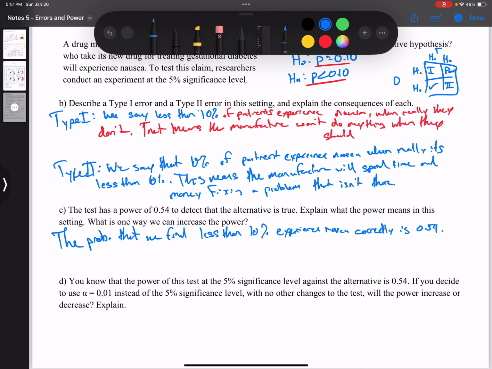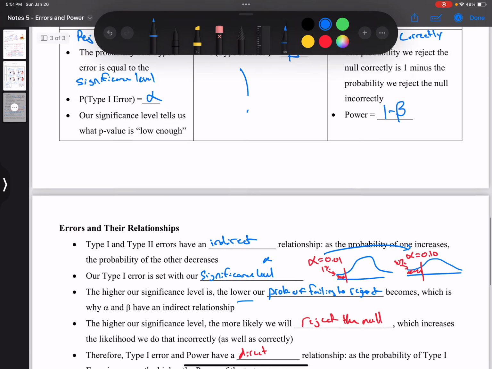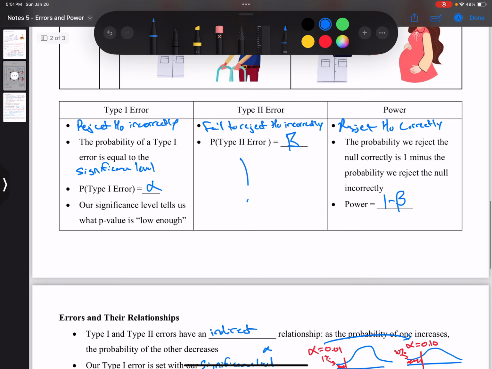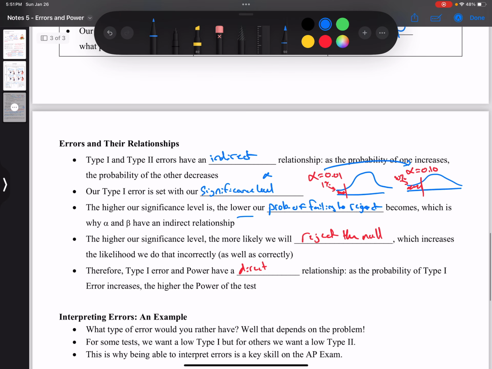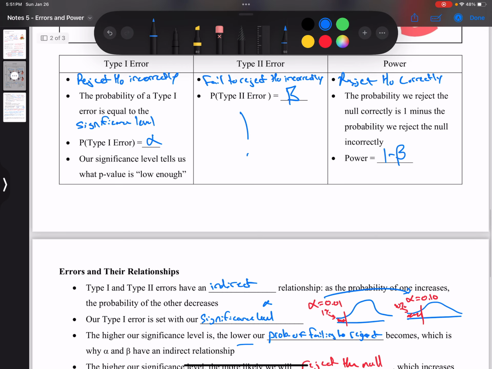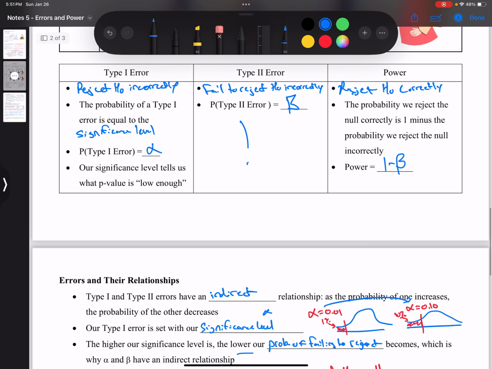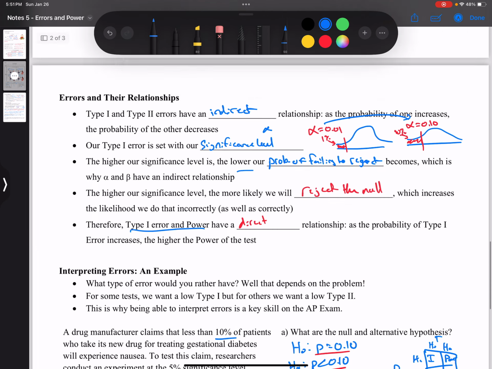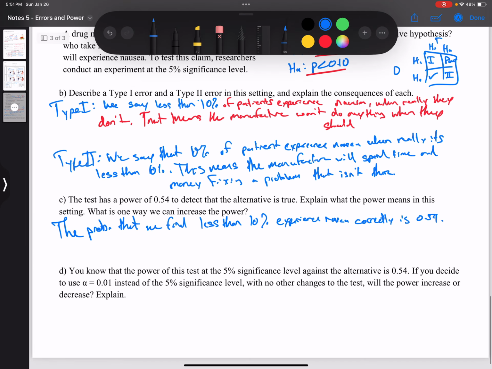One way we can increase the power, remember we talked about that up here: type 1 error and power have a direct relationship. As one increases, the other increases. So if we want to increase the power, then we increase our alpha. We increase our significance level.